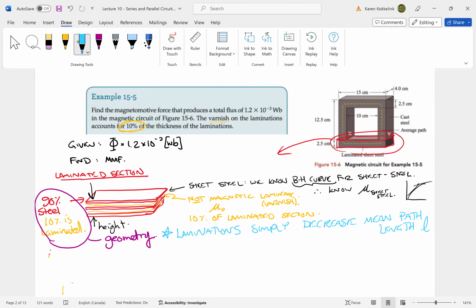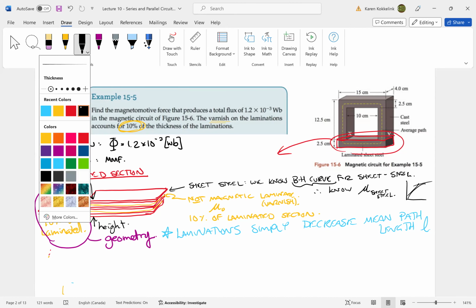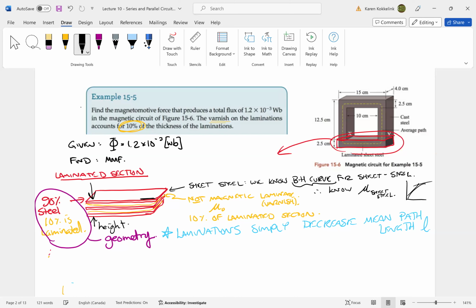All right, that's all that matters here. So let's take a look at this actual problem. What does this mean in terms of our actual problem? Well, if I look in my problem, this is 2.5 centimeters. I've got that from the question over here. This is 2.5 centimeters total, and that includes sheet steel plus laminates.